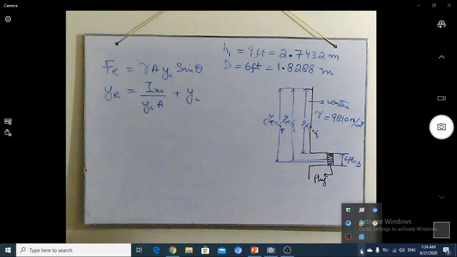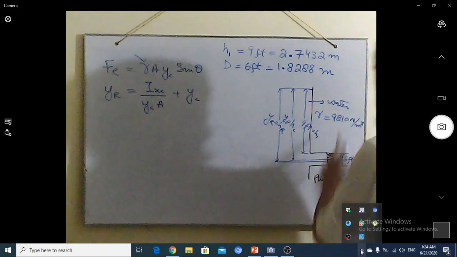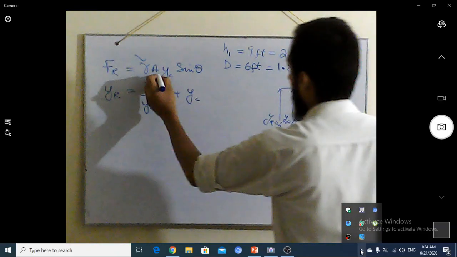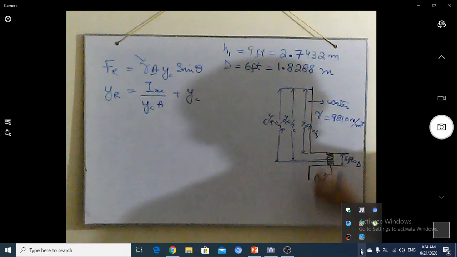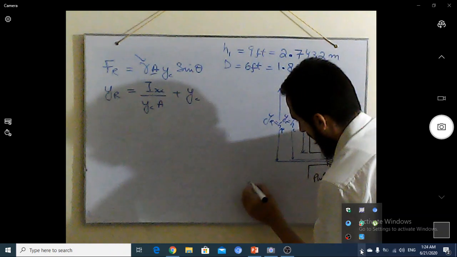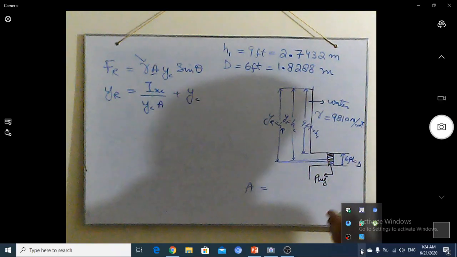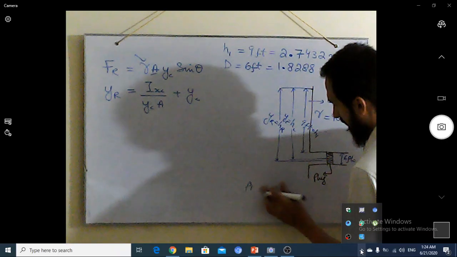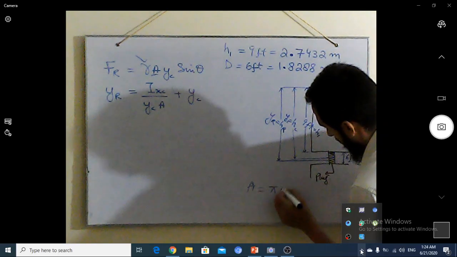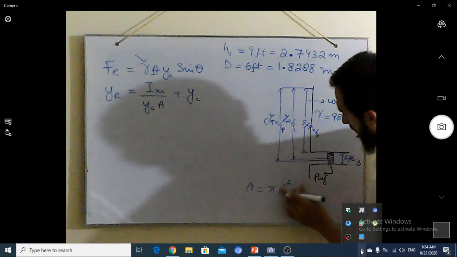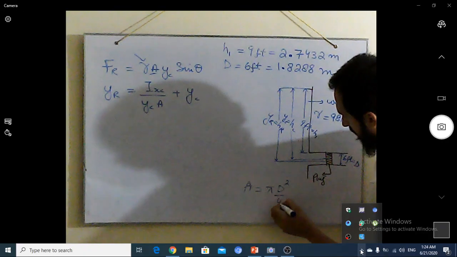So what we need to know is the value of specific weight. We know the area of this circular plug will be A equals pi r square, but here we have diameter, so d square over 4.